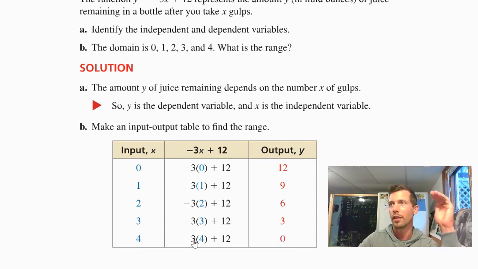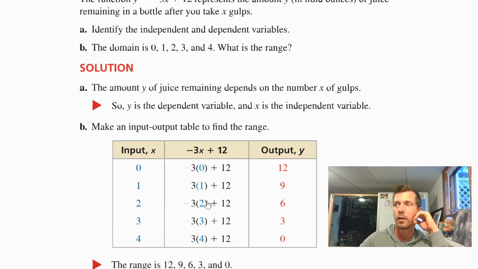We know that these should be negatives too. So hopefully when you see this on my screen, it doesn't look like a negative, but hopefully you can see it as a negative. So if you think about each gulp I take, 3, 6, 9, 12. If I take 12 gulps, that's what's in the container. So now it is gone. So the range of this particular function or problem would be 12, 9, 6, 3, and 0.